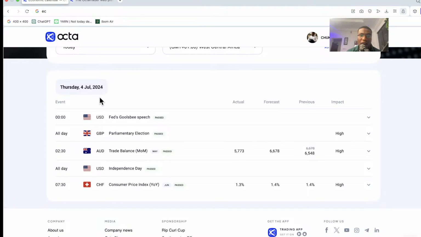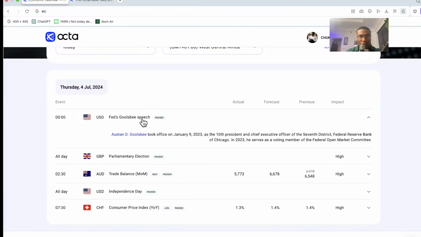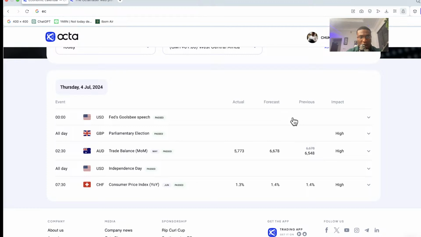So as I was saying, guys, about the Fed's speech. Now, it's very important that if you're going to be trading the dollar, you should pay attention to speeches from these board members. Okay, the reason is because their words and also their actions can have a big impact on the financial markets and the overall economy.